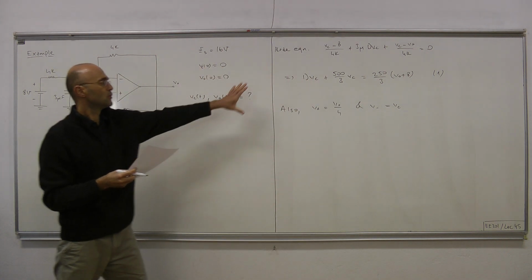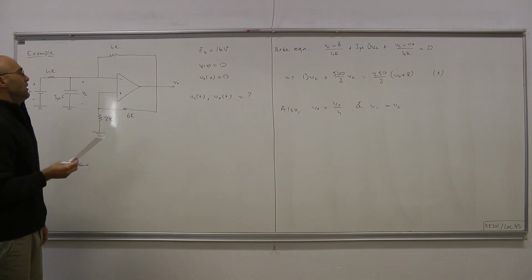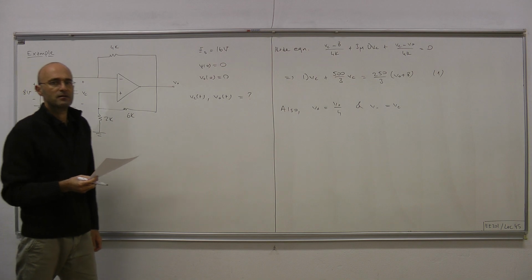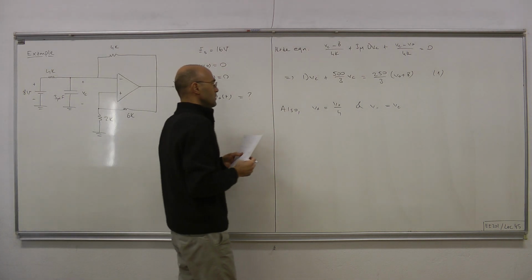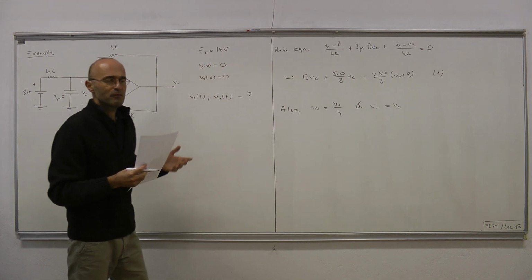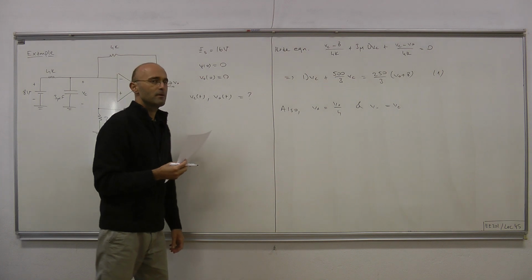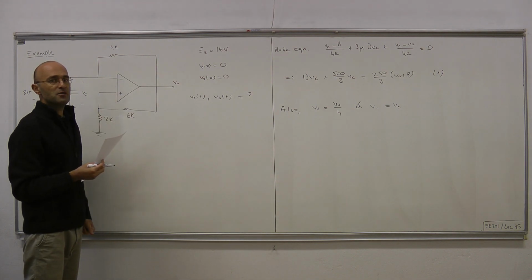Now, in obtaining those relations, we didn't make any assumptions on the region of the operational amplifier. Therefore, they are valid at all regions. So let's begin our analysis. But for that, we have to determine in what region the op-amp is initially.